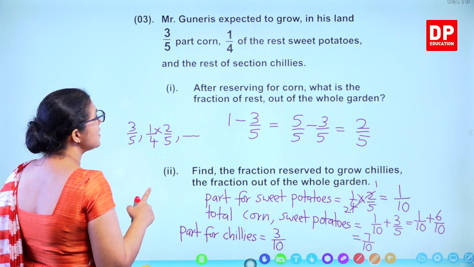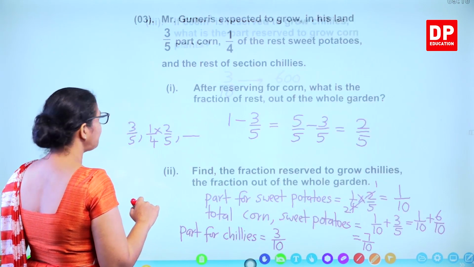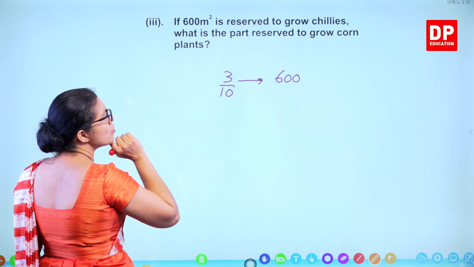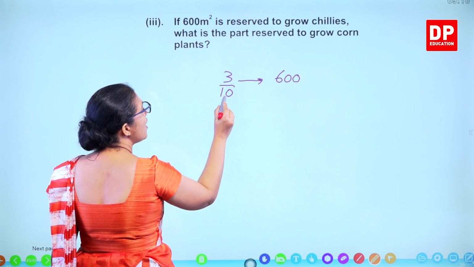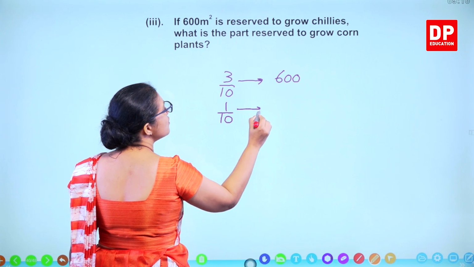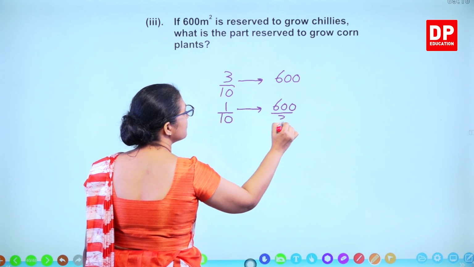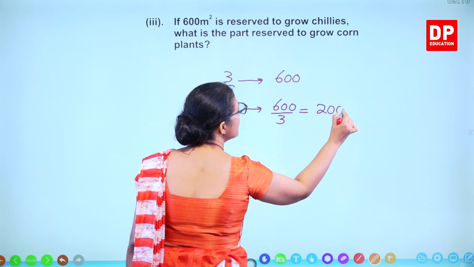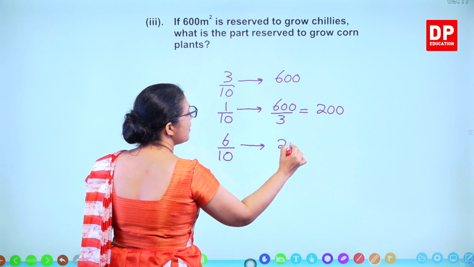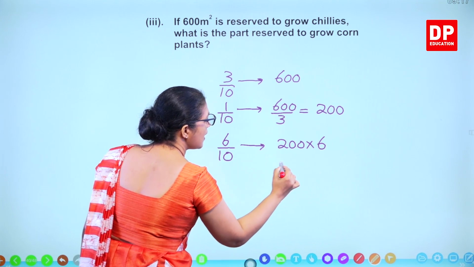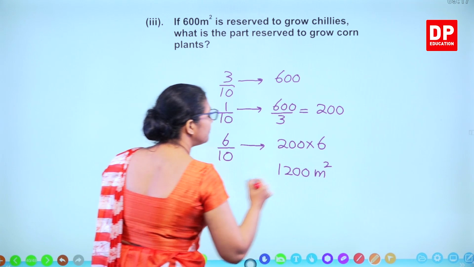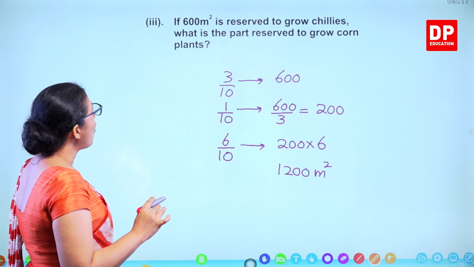So 3/5 means 6/10. We need to find what is 6 parts out of 10. So 3 parts out of 10 is this. So what is 1 part? You divide by 3. That's 200. Now we need to find 6 parts. 200 multiplied by 6, you get 1200 square meters.